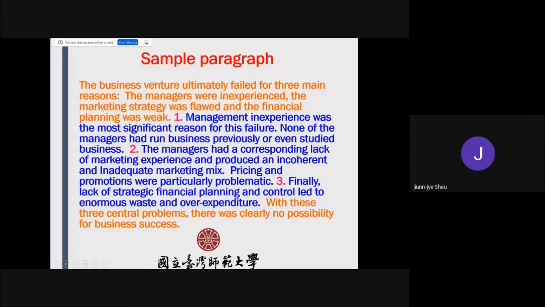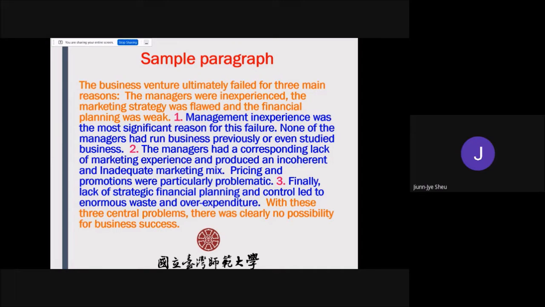Actually, the supporting sentences are the ones marked from 1 to 3. The topic sentence is from "the business venture" until "for three main reasons." So it summarizes the three reasons that you want to point out about why the business venture ultimately failed.